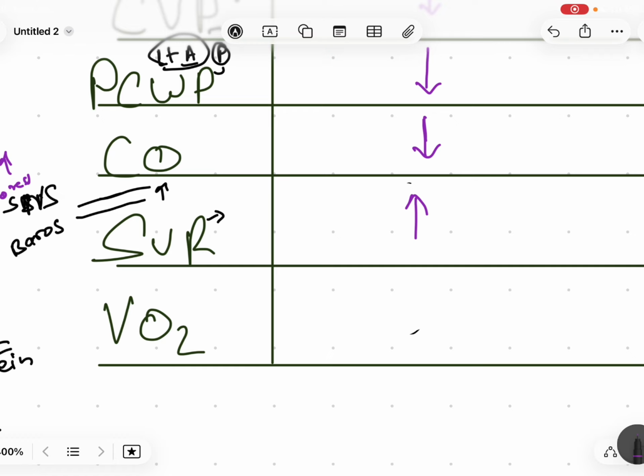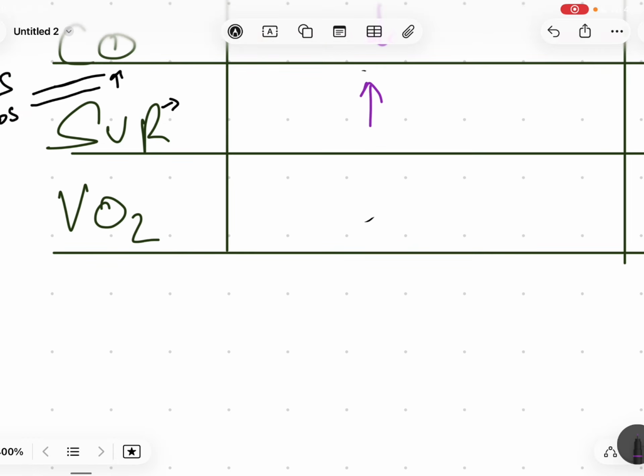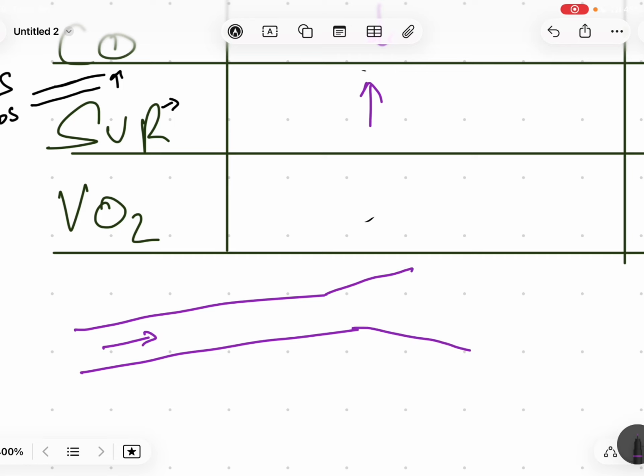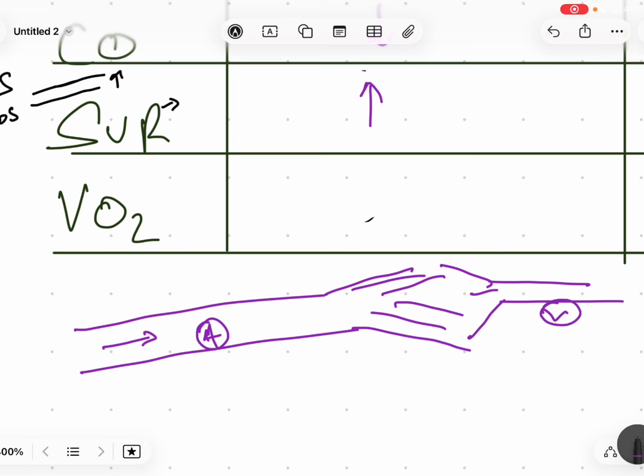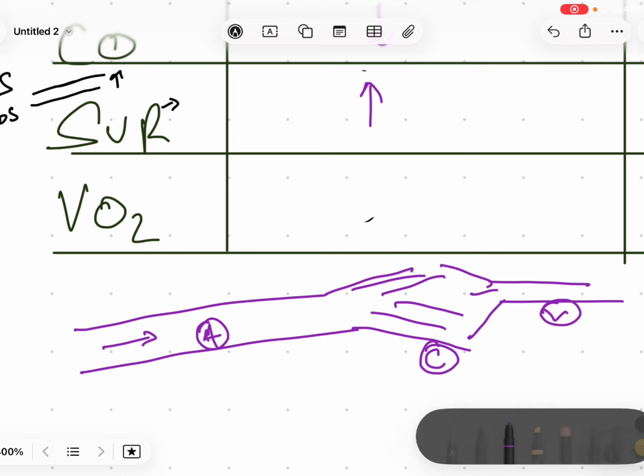Oxygen in vein is decreased because of what happened? If you look, this is a vessel, blood going through this, and these are capillaries. Let me draw it. This is vein, atria. This is vein, capillaries. So what happened?